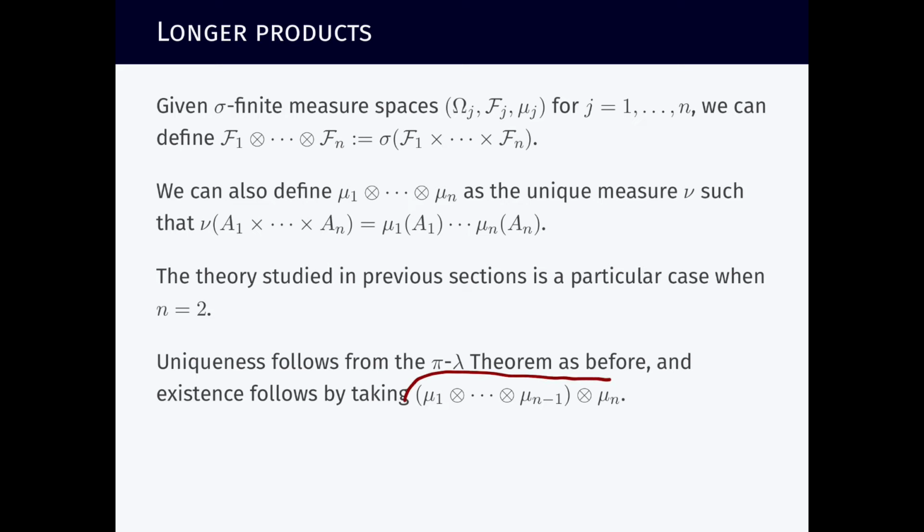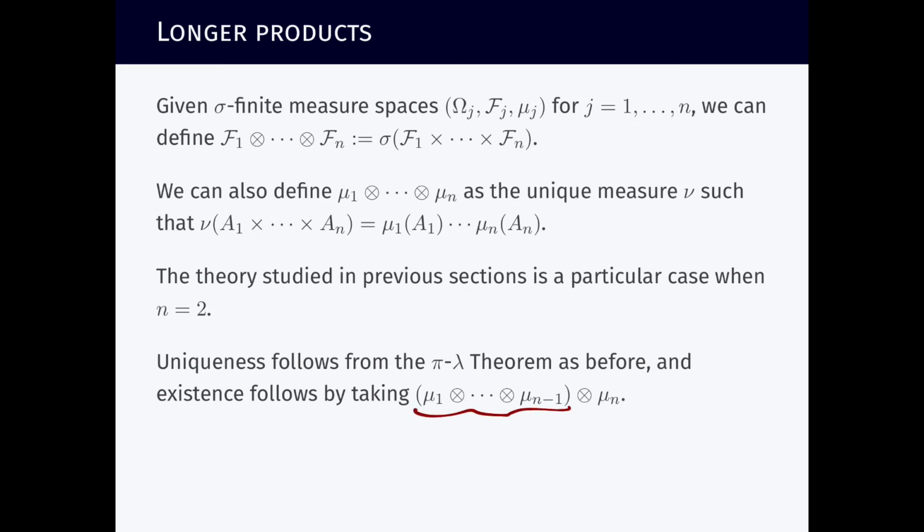Just as we can multiply by induction, here is one possibility: take the last one and make the product of it with the first n minus 1 of them. You may ask, is this one defined? Well, it's defined by induction.